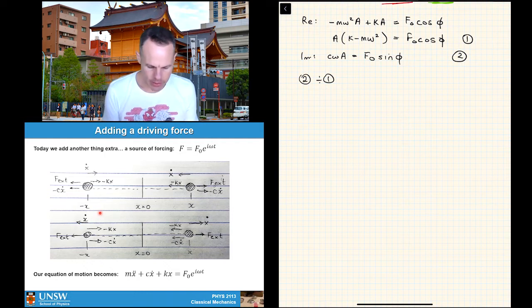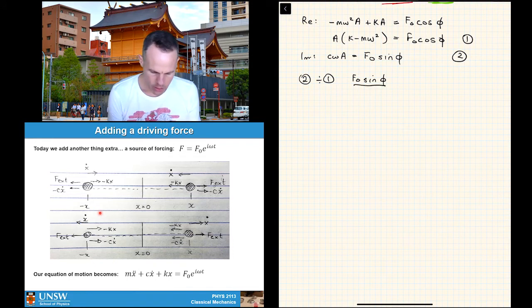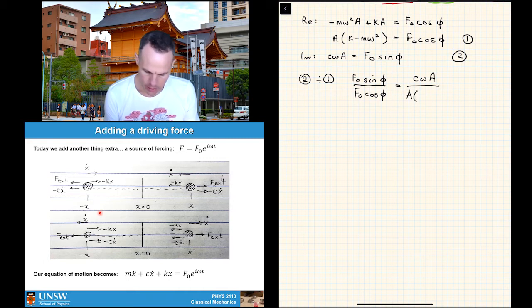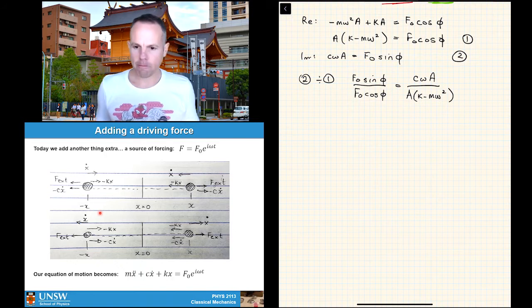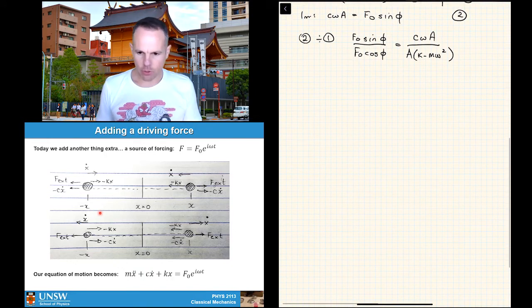If we write this, we've got f naught sine phi on f naught cos phi, and that's equal to c omega a on a k minus m omega squared. Like so, and then you can probably see where I'm going.